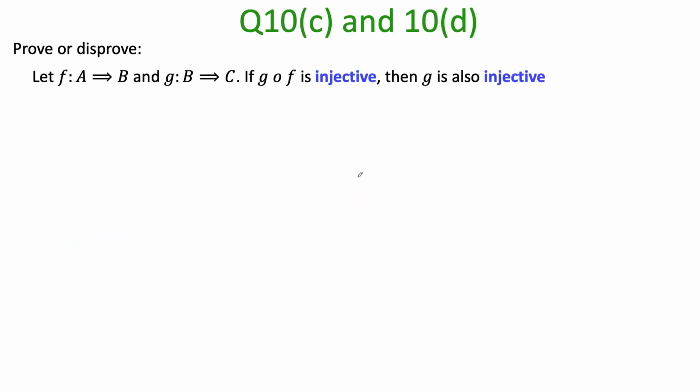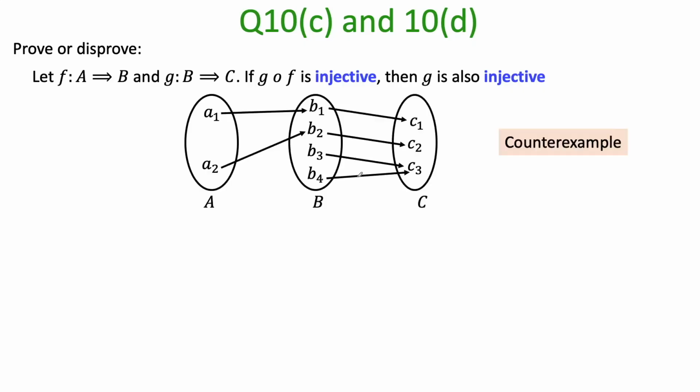In question 10c, you are given that g o f is injective. Then the question is, is it necessary that g is also injective? Well, we can give a counterexample to disprove this statement. So take this f function and g function. Clearly, g o f of A1 is C1 and g o f of A2 is C2.